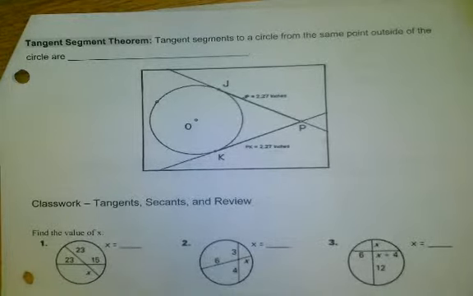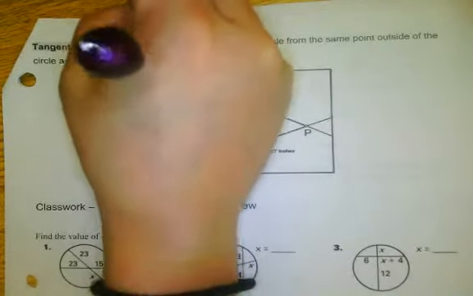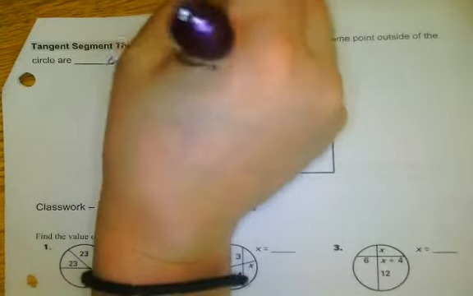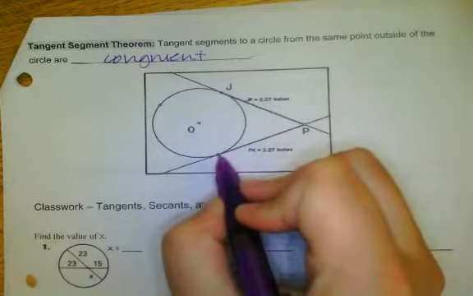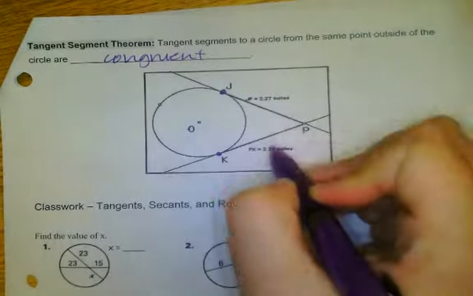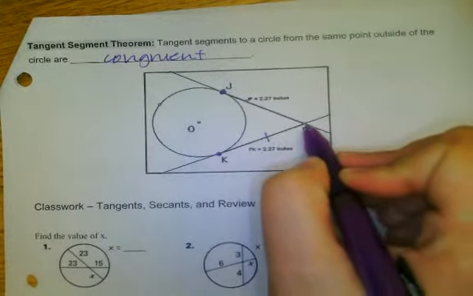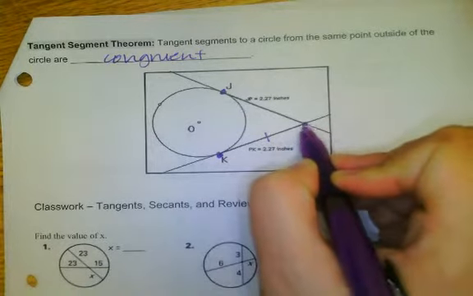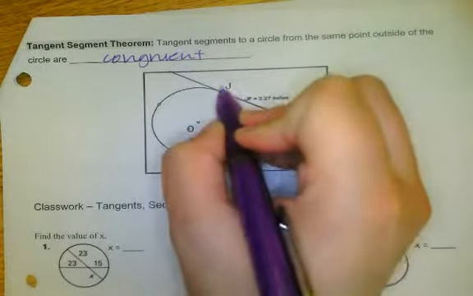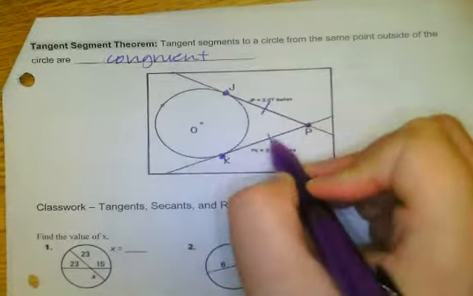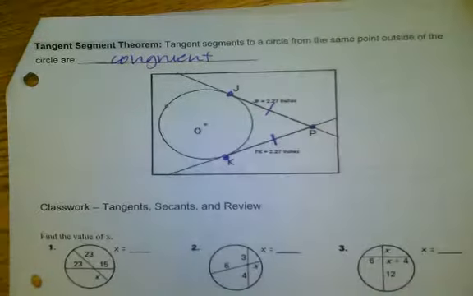So if you have two segments that are tangent, then the portion from P to K is going to be congruent to PJ. And there's not a problem associated with this. You just have to be able to identify that. If two tangents intersect at a common point outside of your circle, then the two segments that they create are congruent.